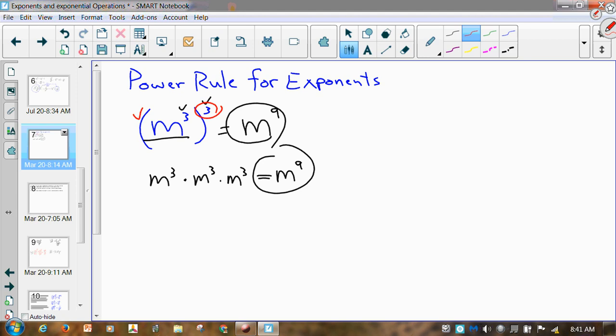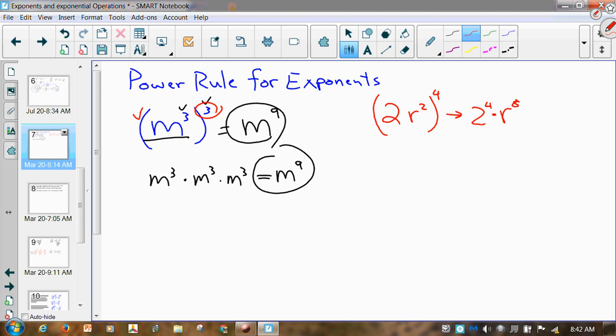So what if we had 2r squared to the 4th power, all right? Well, what do we got to do? We have to raise the 2 to the 4th, okay? So it actually becomes 2 to the 4th because it's inside the parentheses, times r to the 4 times 2, which is 8th, all right?